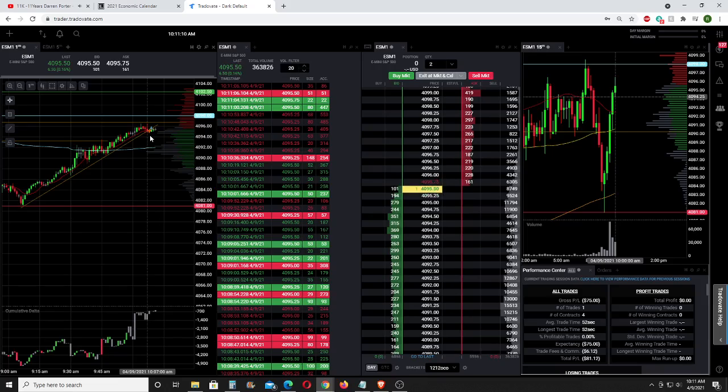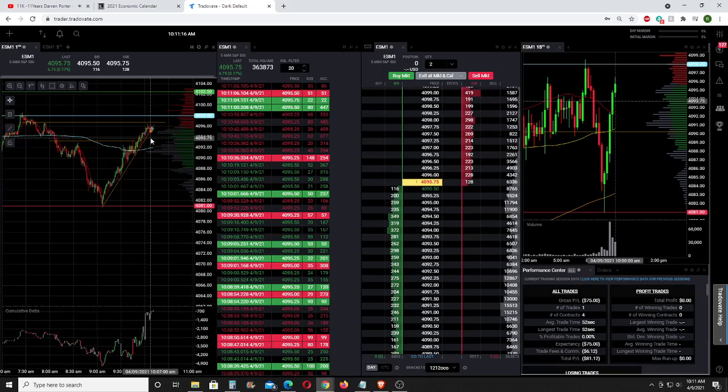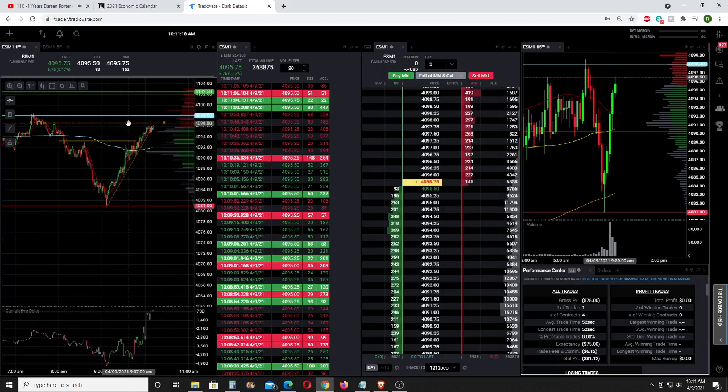Yeah, this price action is a little shady at this level. I could go up higher here. That's good to exit out of that trade.